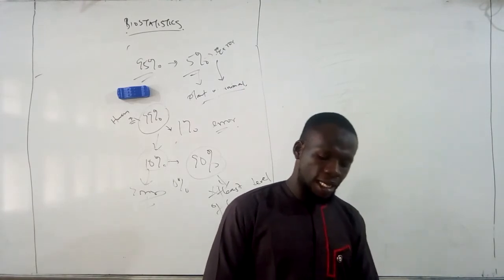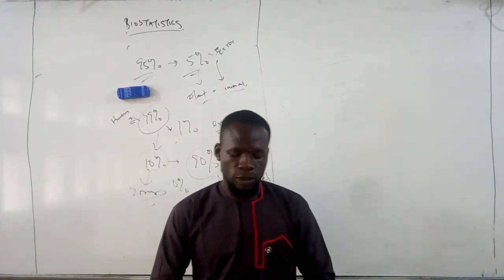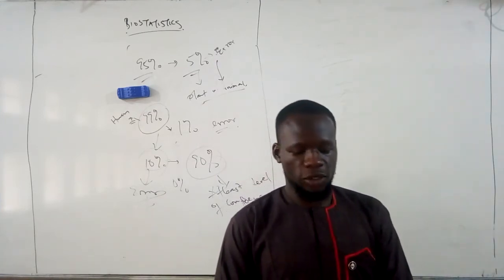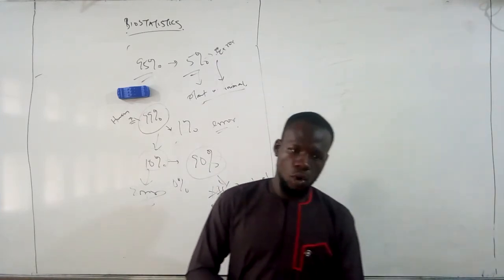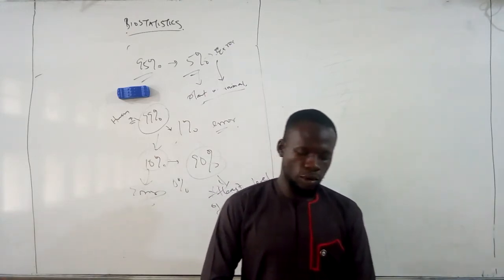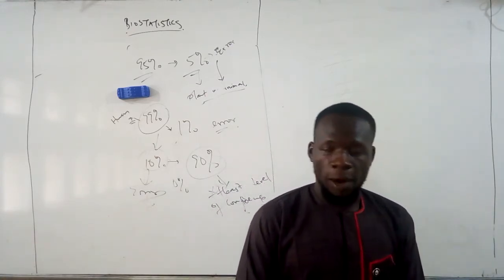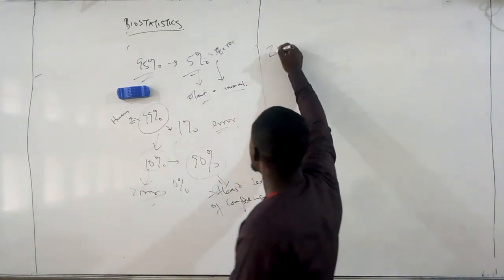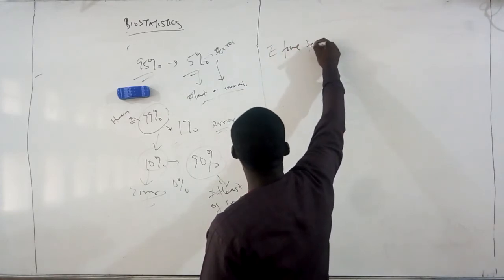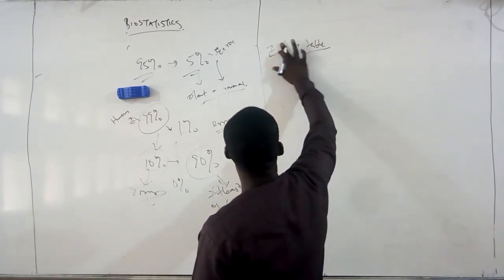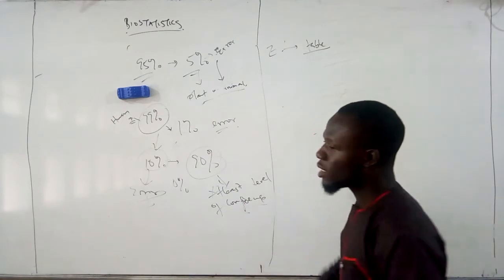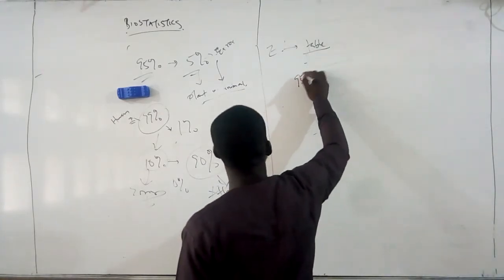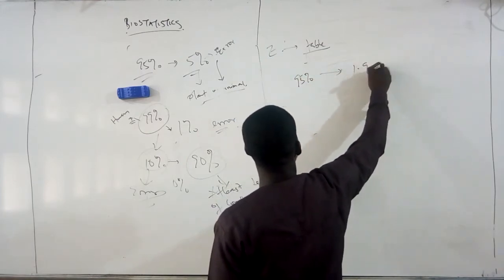So we'll be looking at how we actually calculate our confidence interval, especially in the aspect of life sciences or biological sciences, because we're going to be talking about humans. Now, if you check your Z table, under the Z table, the level of confidence for 95% has a value of 1.96.